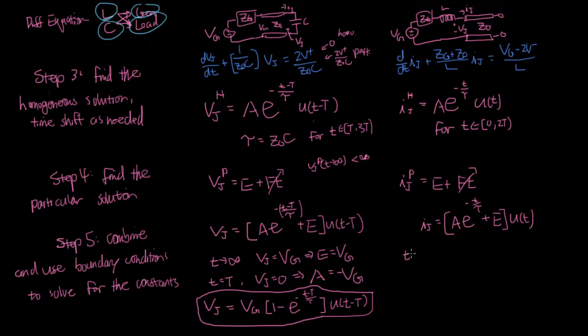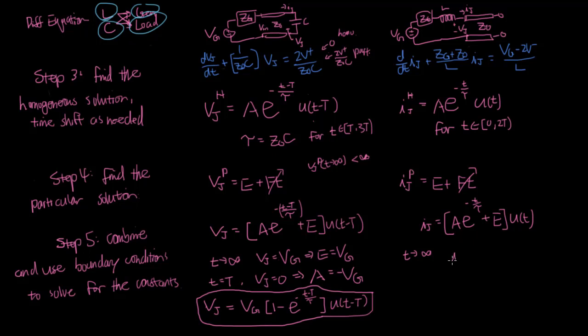Let's start out by taking the t goes to infinity boundary condition. The general assumption is that the transmission line is infinitely long for the purposes of solving this differential equation, so that when the inductor becomes a short, you're still staring at the mouth of the tunnel. So you're still looking at Zg and Z0.